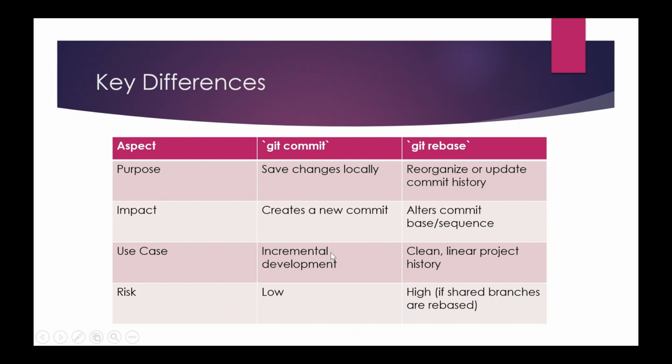The risk is very low in git commit, because all the commits will be visible, and in git rebase the risk is quite high if you are using shared branches. Since all the commits are being merged, if you want to revert something, it will be very difficult to revert as well.